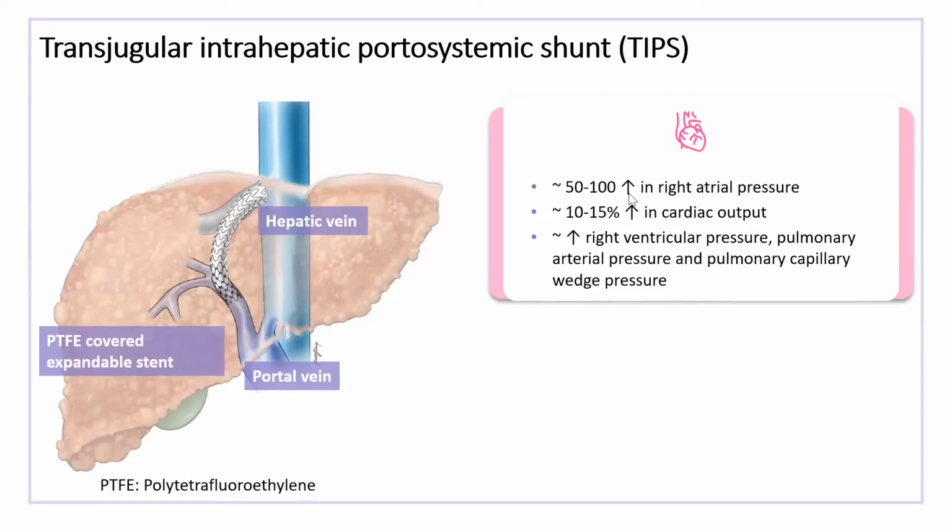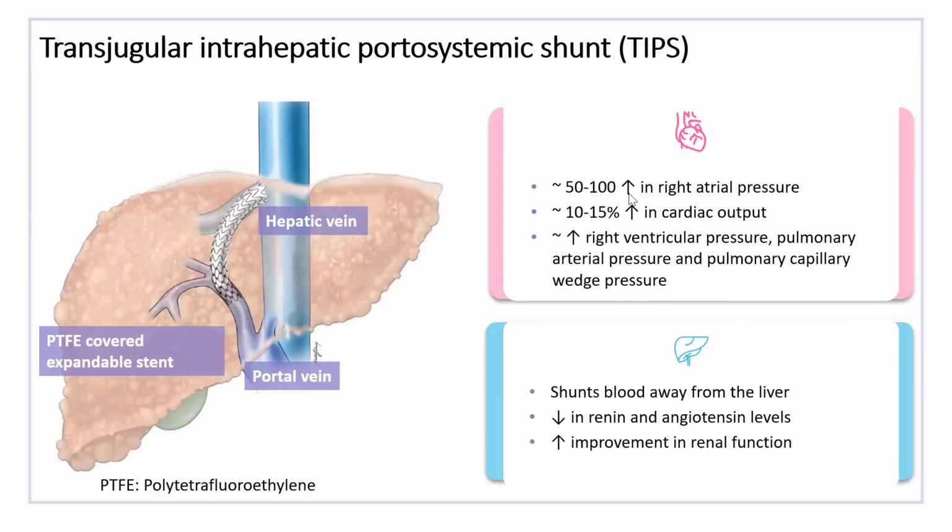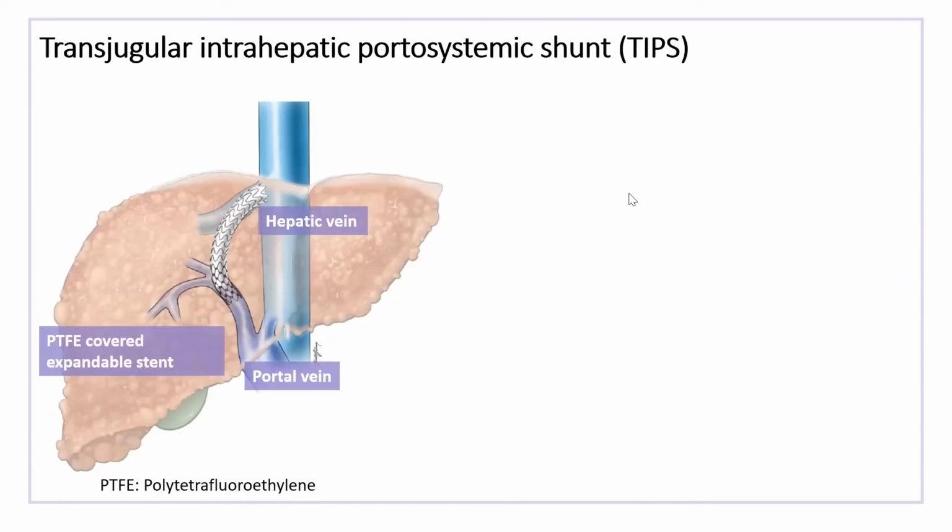These are important as we consider in which patients we put TIPS. It shunts the blood away from the liver, so it can theoretically reduce liver function. It can worsen encephalopathy, our greatest fear with TIPS, and it can decrease renin and angiotensin levels, which can lead to improvement in renal function.